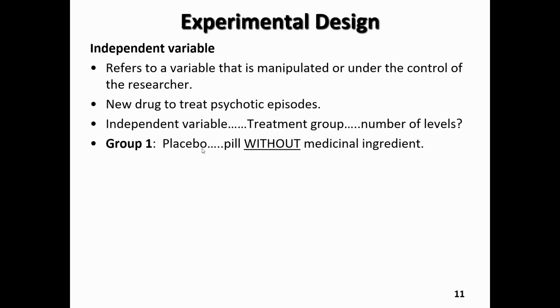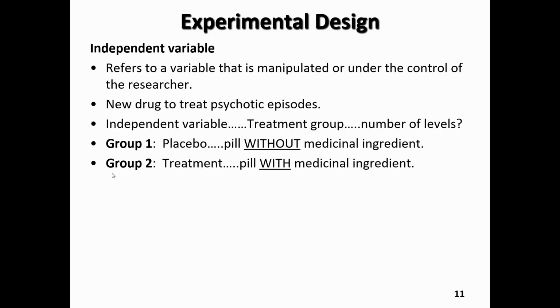This is a group that receives a treatment that does not have the key medicinal ingredient. But the people in the group may experience a beneficial effect from the psychological effect of thinking that they are actually taking the pill, but the pill does not actually have the medicinal ingredient.